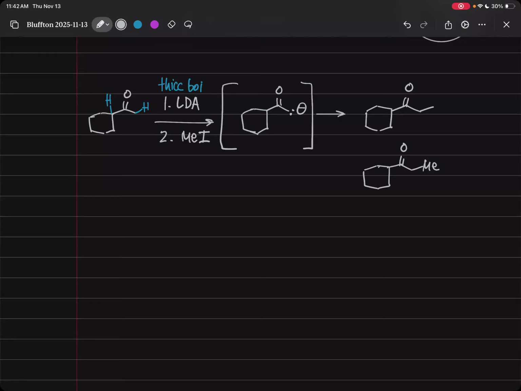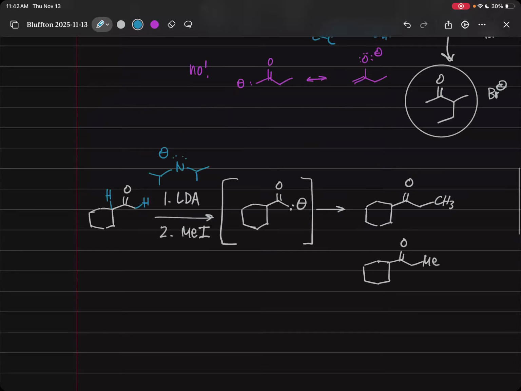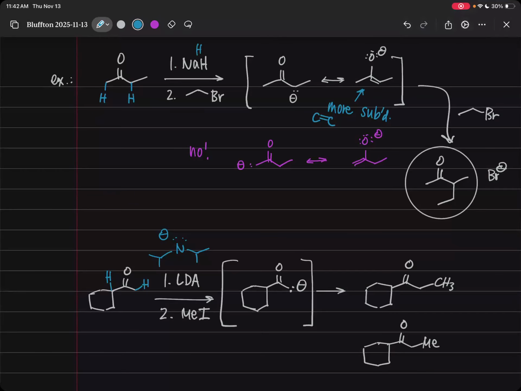You can write CH3. Any of the above. And speaking of, if you want to give yourself a clue as to which one, just draw out the structure of LDA or sodium hydride. That might give you a little help.